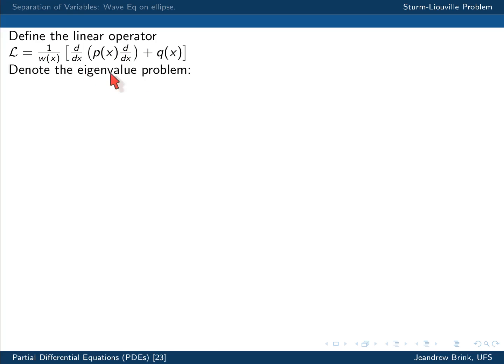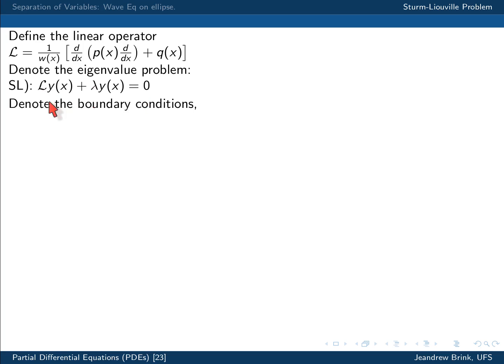We're going to denote our eigenvalue problem simply as the problem where the linear operator applied to y of x plus lambda y is equal to 0. In other words, the eigenvalue problem is the solutions where we have the linear operator applied to y that just returns a rescaled version of y.